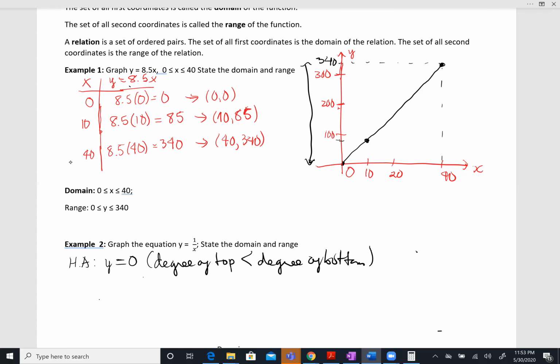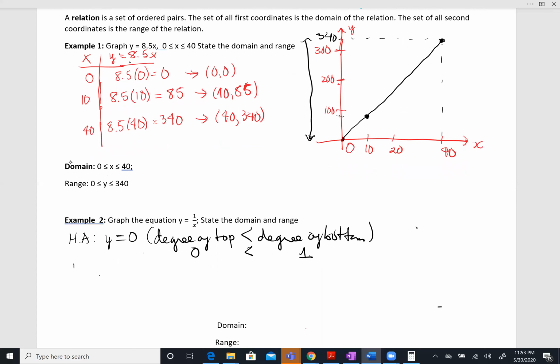And you should know that the degree of the top in here is 0 because there is no variable, right? And the degree of the bottom is 1 because the power of x in here is 1. So you have degree of top less than degree of bottom.